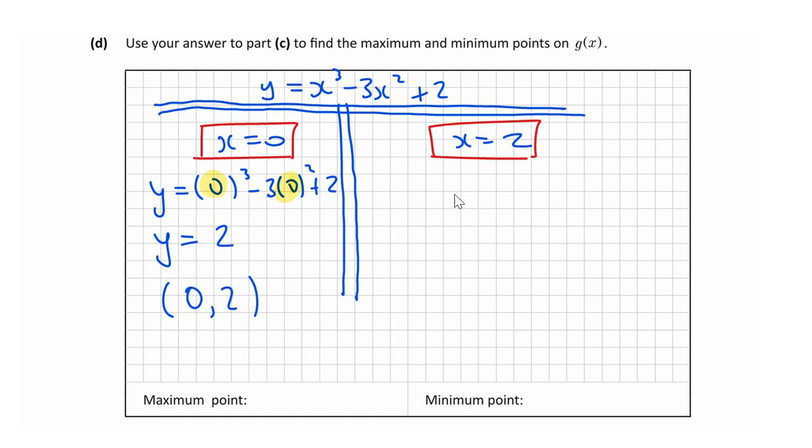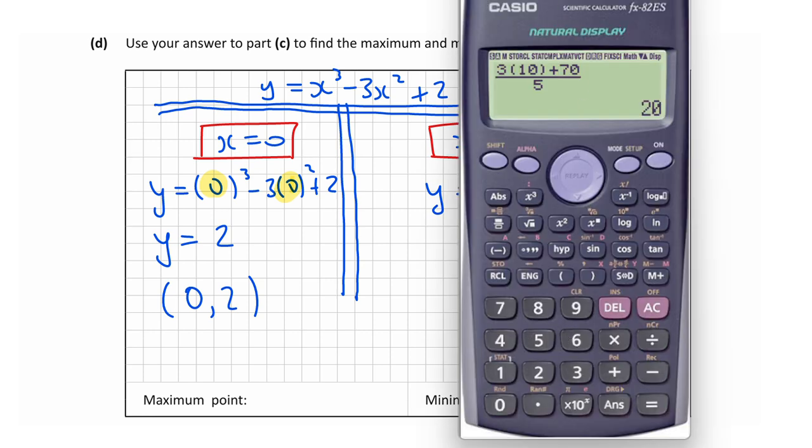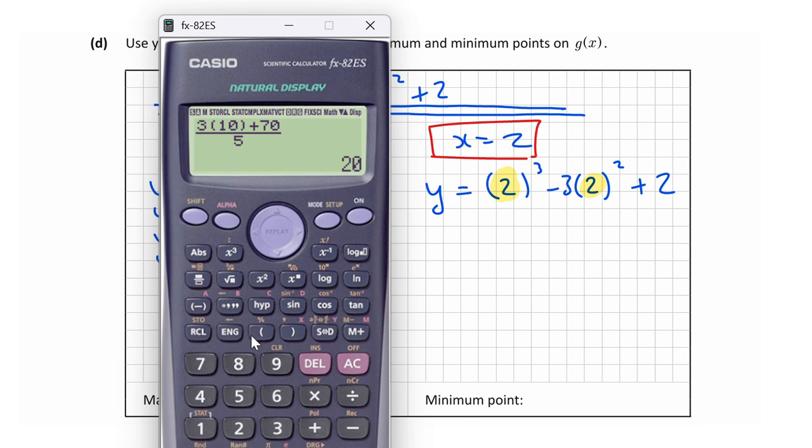We don't know whether that's the max or min yet, so let's go on with the other one. The other coordinate we're subbing in for x is 2. So when x is 2, what is the output? You get your calculator. I could do it in my head, but I'm too lazy. 2 cubed is going to give me an answer of 8.